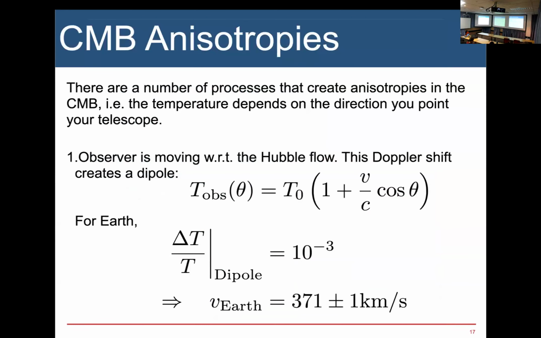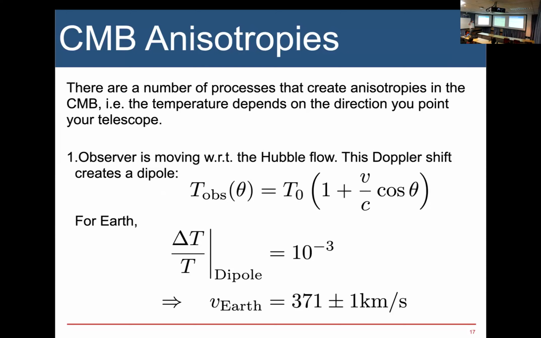Okay, the real fun starts when we look at the anisotropies, in other words, the differences. They're only 1 part in 100,000, but there's a lot of information in there. What could make one part of the cosmic microwave background a little bit hotter or cooler than other bits? Well, one is if we're moving through the rest frame of the universe, there's a Doppler shift.